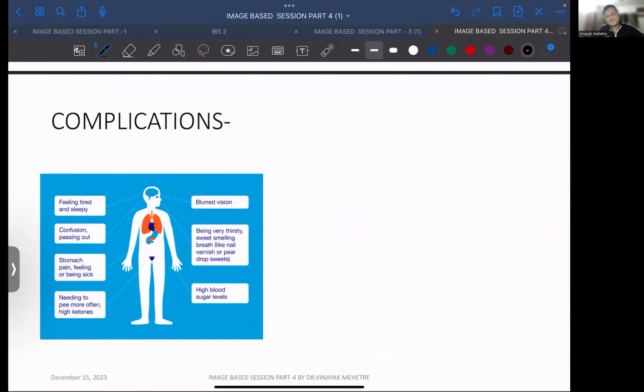What is the main complication of diabetes mellitus? Anyone? That is diabetic ketoacidosis, right? Diabetic ketoacidosis, उसका मतलब क्या हुआ?